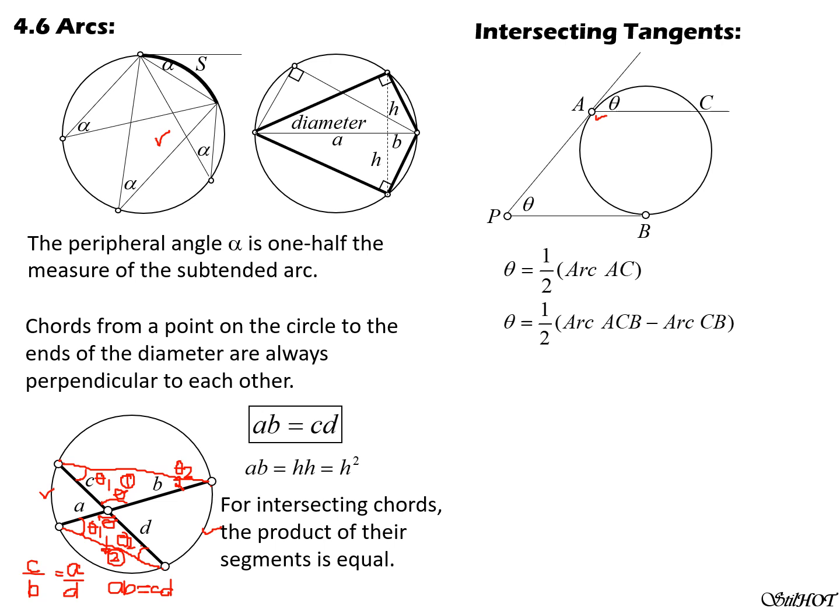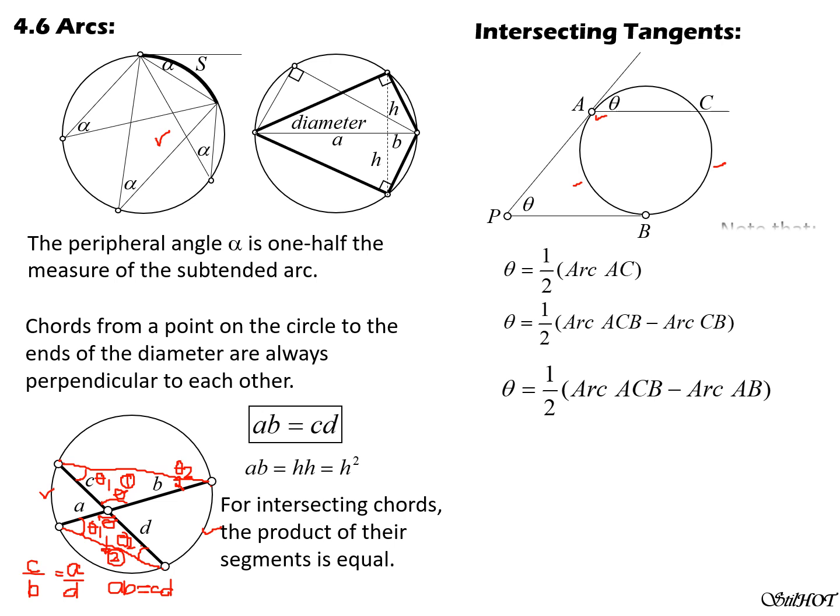We then note that arc CB is equal to arc AB, so we replace that by arc AB. Read this simply: the angle formed between tangents is equal to 1/2 the difference of the subtended arcs. We have longer arc ACB and shorter arc AB.